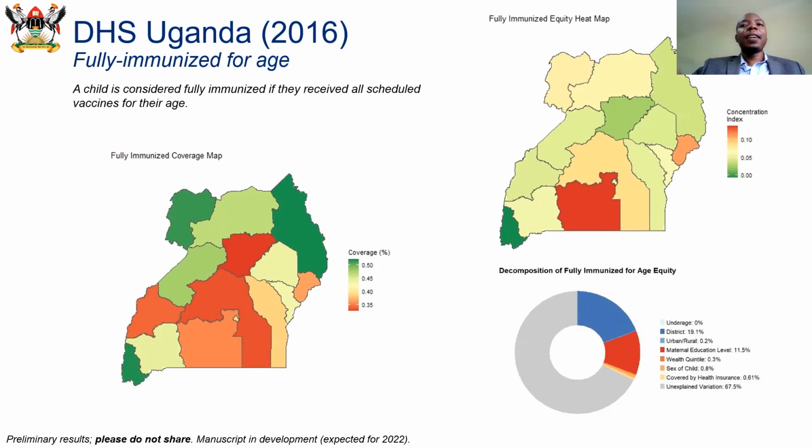But for some regions, like West Nile in the upper left corner of the map of Uganda, whereas it had very good coverage, it had fairly low indices for equity. So it prompts again some inquiry to see what issues could be responsible for that, but also to be able to have focused interventions.